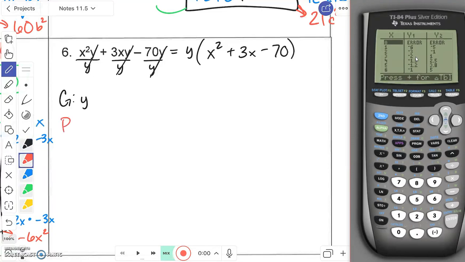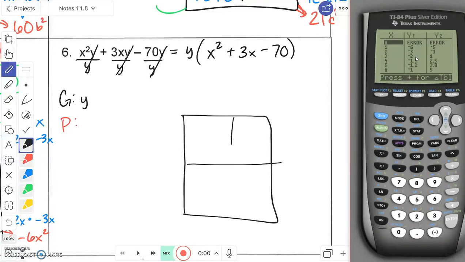Go for my product, which means I need my box. And my product are my a and my c. So that's x squared times negative 70, which gives me negative 70x squared.